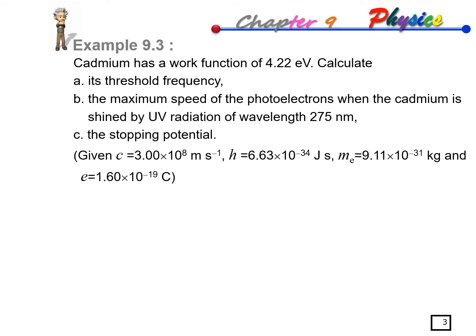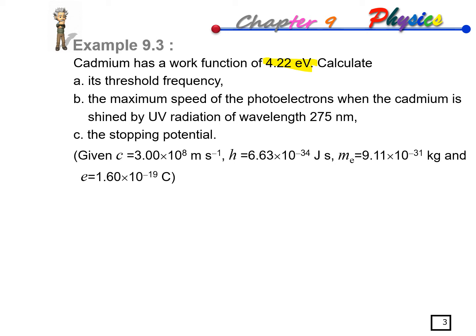Alright, so for example 9.3, it involves a work function. You have a material which has a work function of 4.22 eV. They wanted to calculate A, the threshold frequency. Basically the threshold frequency will straight away depend on the work function.